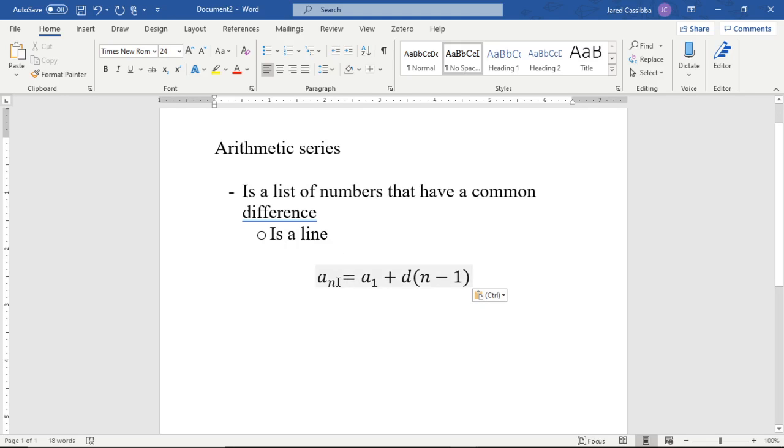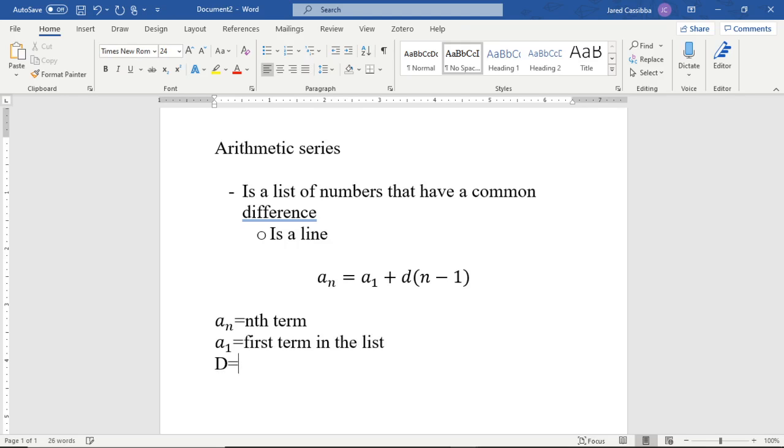Let's go into what each one of these terms mean because they look kind of weird to most people. So a_n just means the nth term, any term within the list. a_1 is the first term in the list.